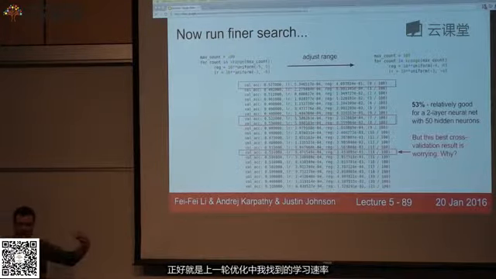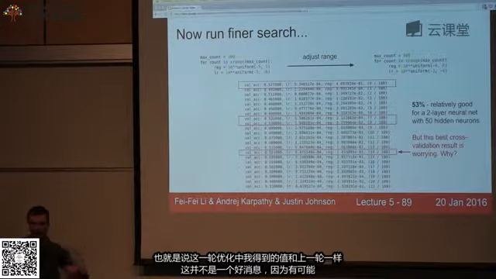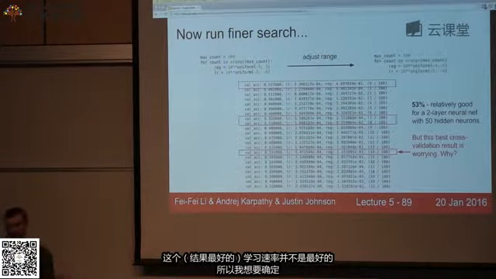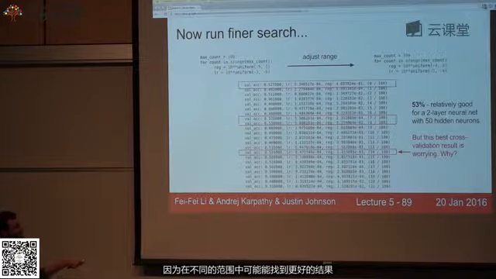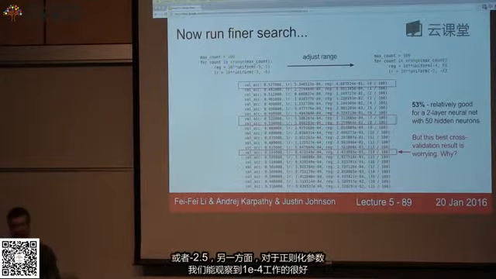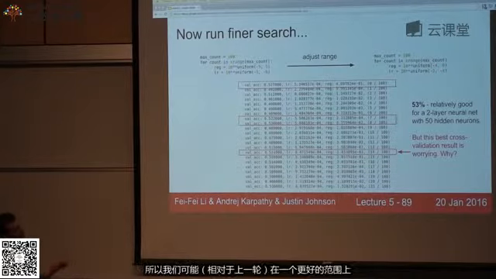So I'm getting a really good result at an edge of what I'm looking for, and that's not good because maybe this edge here, the way I've defined it, is not actually optimal. And so I want to make sure that I spot these things and I adjust my ranges, because there might be even better results going slightly this way. So maybe I want to change -3 to -2 or -2.5. But for regularization, I see that 1e-4 is working quite well. So maybe I'm in a slightly better spot and so on. So worry about this.